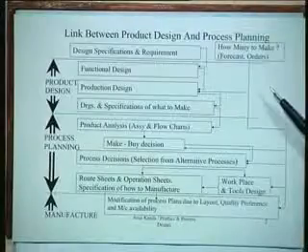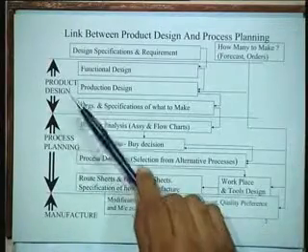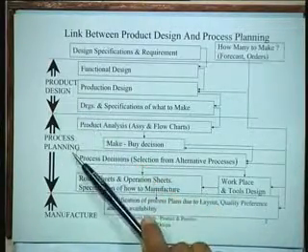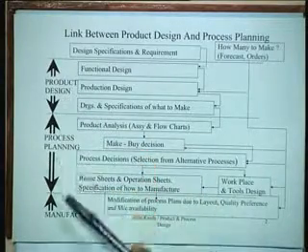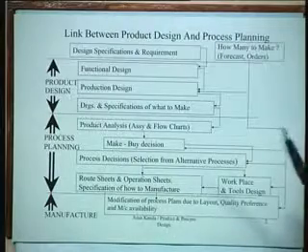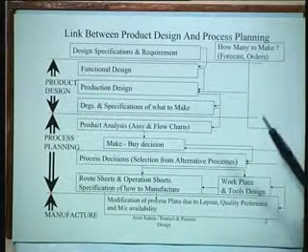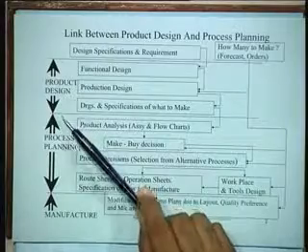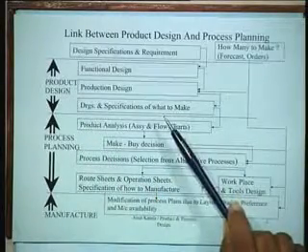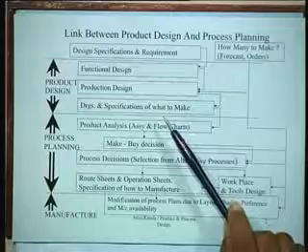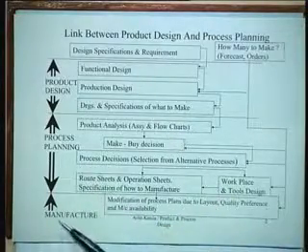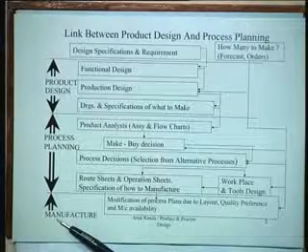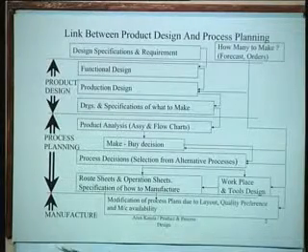In this diagram, we have tried to summarize the major activities of product design, process planning, and manufacture, which generally proceed in this particular sequence. So let us recall what exactly product design is, what are the inputs and outputs to product design, and subsequently how process planning takes place, and finally this particular cycle ends with this aspect of manufacture.